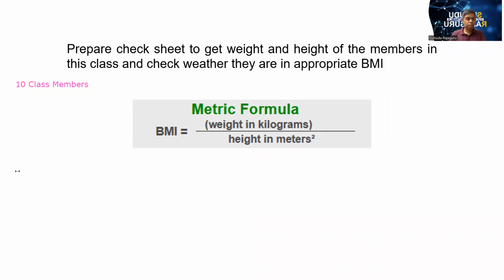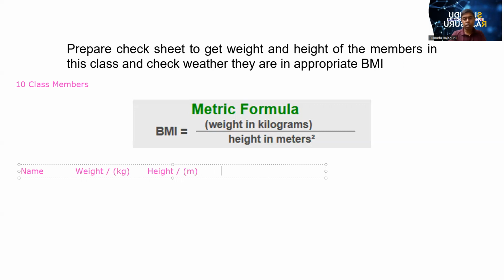So I just put the name, for the 10 people. Then I want the weight of each person, which should be in kilograms. Then I want the height, which should be in meters.